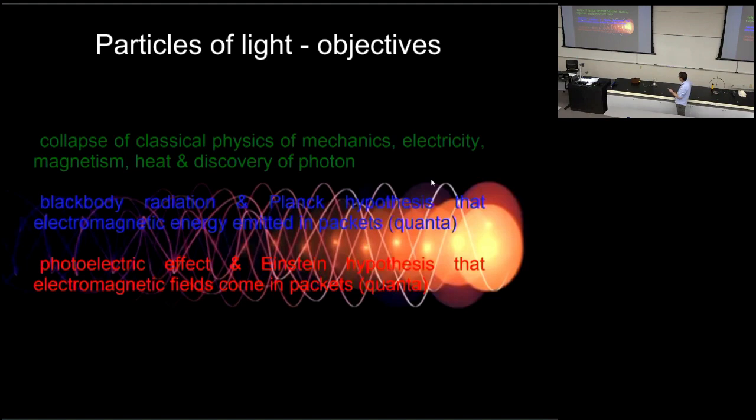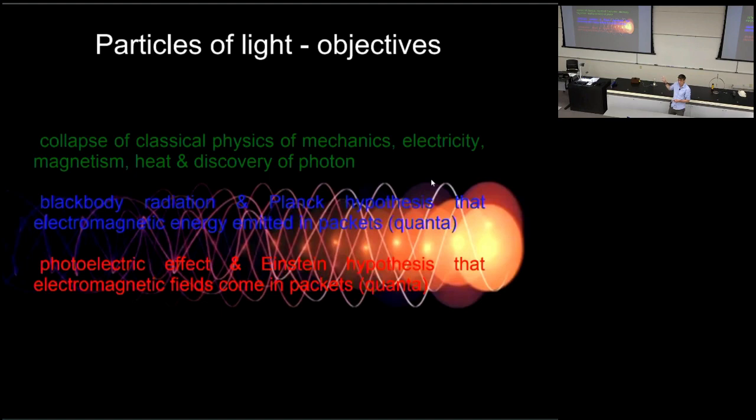Two of the key things related to the collapse of classical physics. One is a topic called black body radiation, so we're going to talk about that in today's class. The other one is a topic called the photoelectric effect. We're going to talk about that in today's class. In black body radiation, a famous scientist from over a century ago, Max Planck, hypothesized that electromagnetic energy, like the energy in electromagnetic waves, comes in packets.